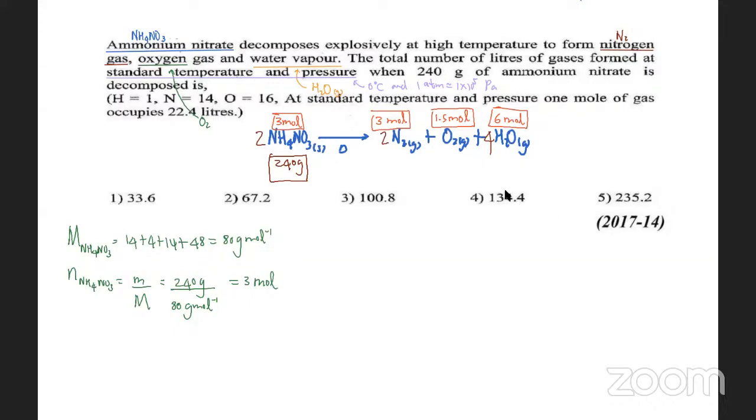This is 2017, 6th, not 14th. Double check the question, please. Shifa, you also double check the question if you don't mind. Oh yeah, this is 2017 6th MCQ.